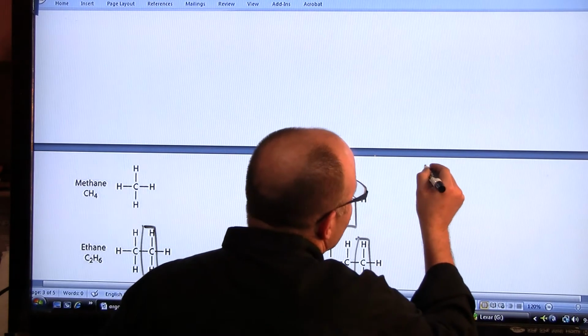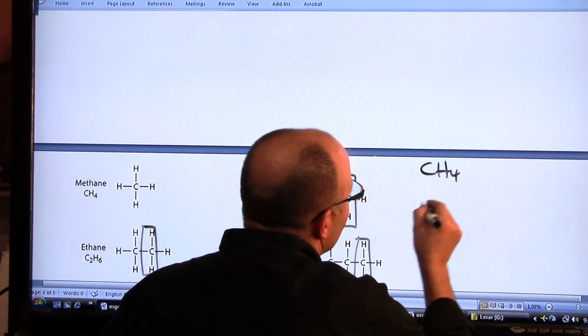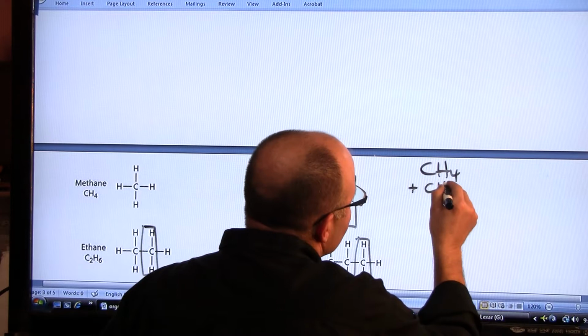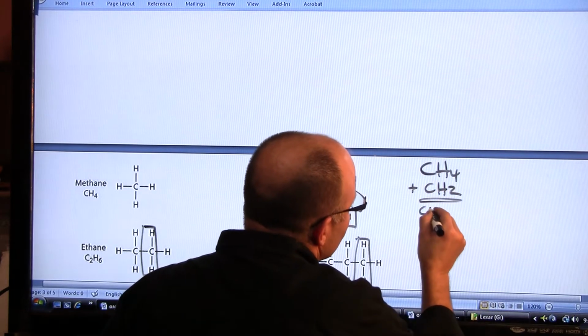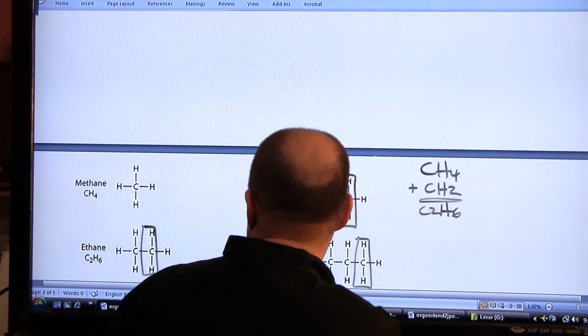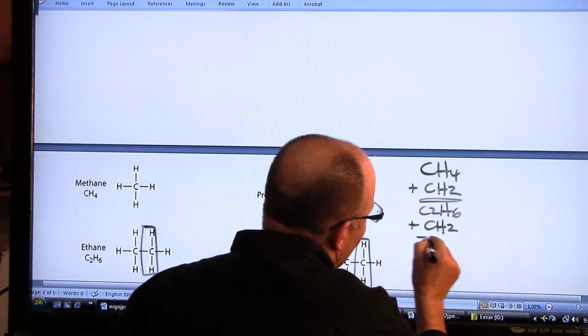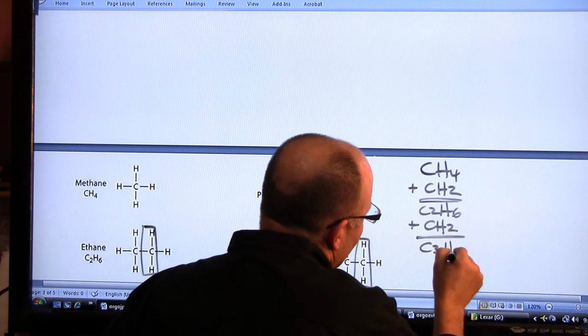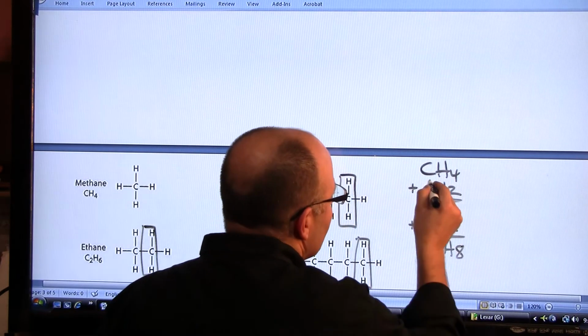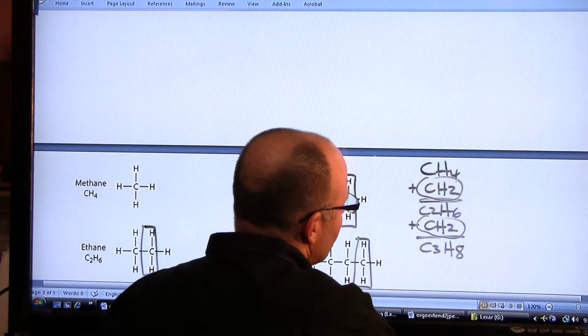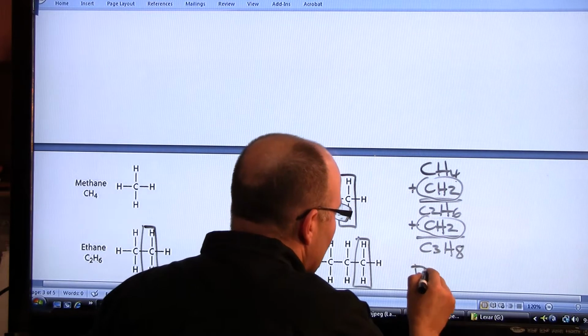Maybe it'd be easier to see like this. CH4 plus CH2 gives you C2H6. And if you add another CH2 to this, you would get C3H8. So again, here's your consistent difference, and we call that the increment.